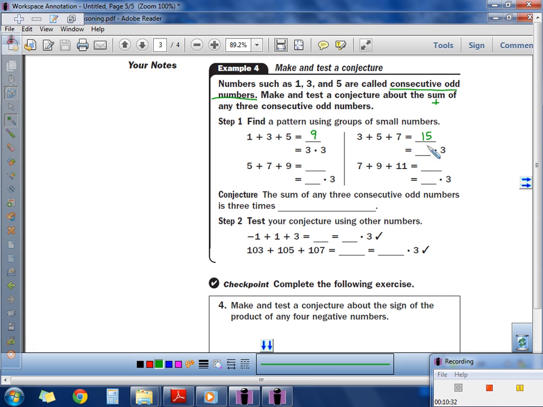Well, what they realize is that these are both multiples of 3. 9 comes from 3 times 3. 15 comes from 5 times 3. Now, if you look at these numbers, you should notice something. So a key conjecture would be the sum of any 3 consecutive odd numbers is 3 times the middle number. Good job.